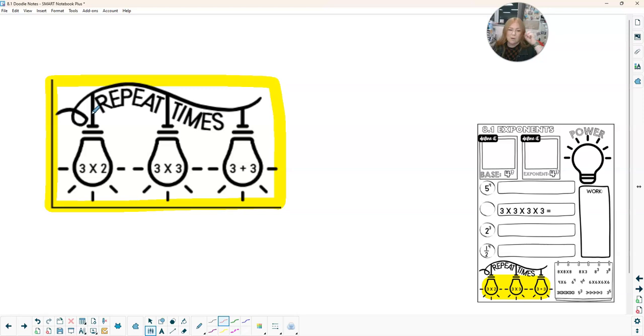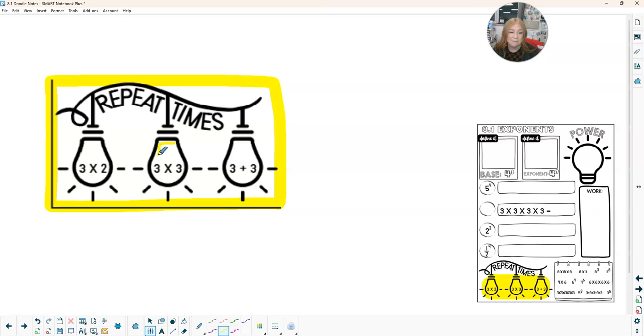So which one is an exponent? So we're repeating multiplication, we're repeating timesing. So 3 times 2, that is multiplication, but it's not repeated. We have 3, we're multiplying, and they repeated the base, 3 and 3.